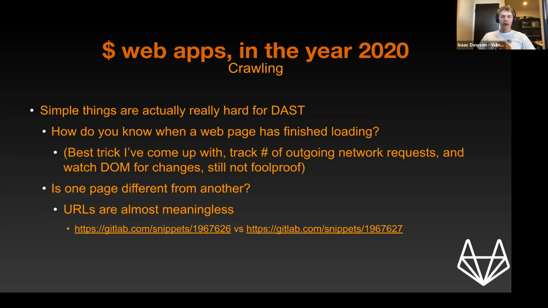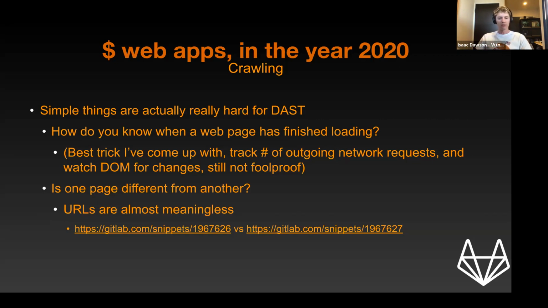Some other challenges with crawling is that there are simple things in DAST that are really hard. For example, even knowing when a web page has finished loading can be difficult. There's this event called DOMContentLoaded, and you would think that would be enough to say, okay, this page has been loaded, I can start clicking and going through it. It's actually not true, because a lot of these frameworks are doing lazy loading of new JavaScript, or they're adding new elements to the DOM.